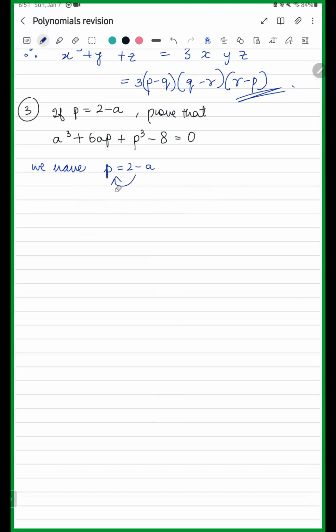So this becomes P plus A. Now it becomes minus 2, right? So instead of minus 2, can we write it as plus minus 2? This is equal to 0. Now this you can think of as x, this you can think of as y, and this you can think of as z.